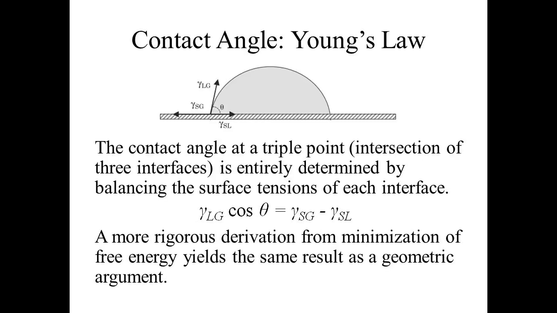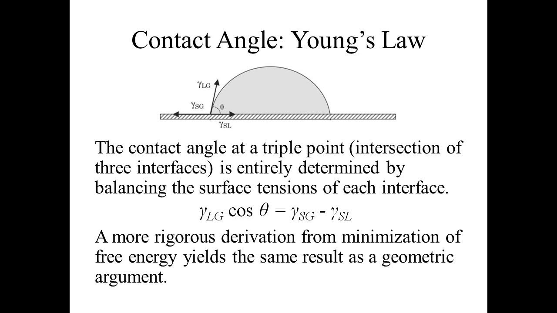For slide number 11, it shows Young's law that governs the contact angle. The contact angle at the triple point, the intersection of three interfaces, which are the solid, the gas, and the liquid, is entirely determined by balancing the surface tensions of each interface.